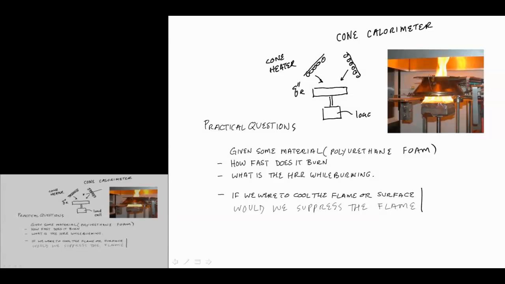located above the sample, and the types of things that are measured from this are an ignition time for some heat flux, a surface temperature at ignition, the mass loss rate of the sample from the load cell, and the heat release rate.